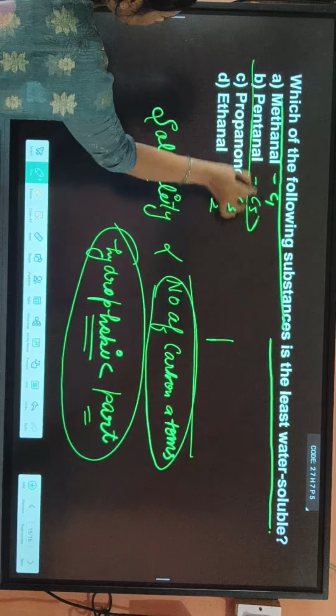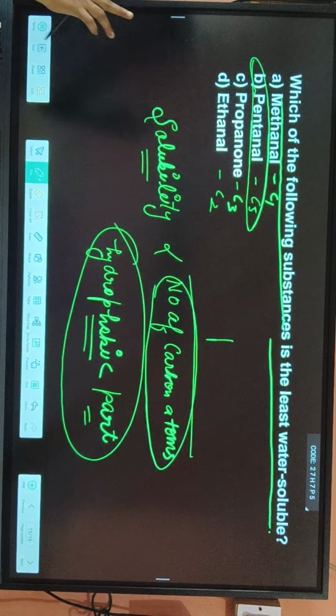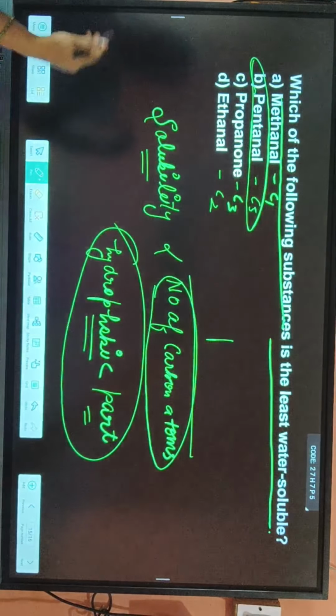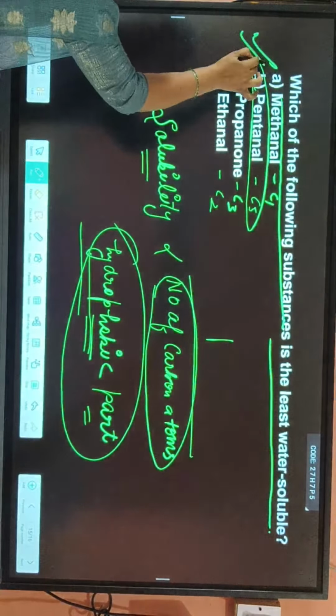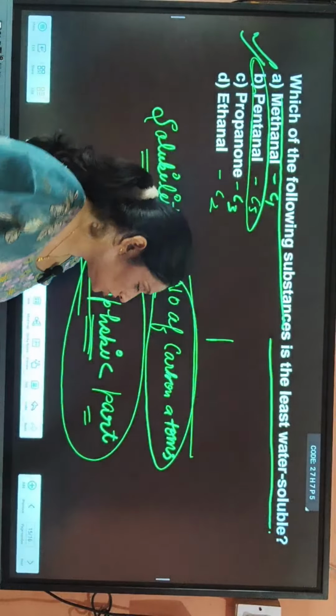It has more number, so here hydrophobic part is more. Okay, there are two parts, hydrophilic and hydrophobic. So if hydrophobic part increases, that's why solubility decreases. So you will go with option B. Option B is the right option for this question.